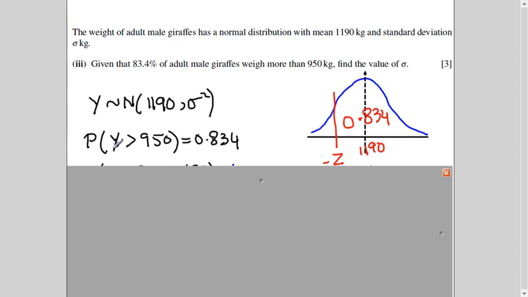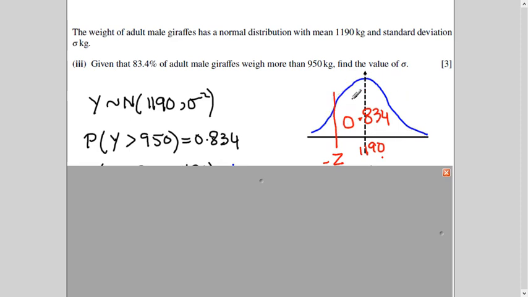Because I'm saying Y greater than 950, number one thing I know mean is 1190. So 950 will be on the left hand side. And I'm saying the probability of the right hand side, greater means right hand side. So probability is 83.4%.